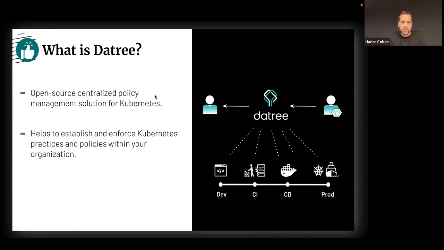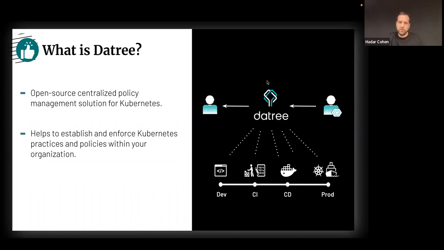So what is Datree? Datree is a centralized policy management and policy enforcement solution for Kubernetes. It helps users detect and prevent misconfigurations in their manifest files. On the one hand, we have the DevOps, who knows what the best practices for working with Kubernetes are in their organization.